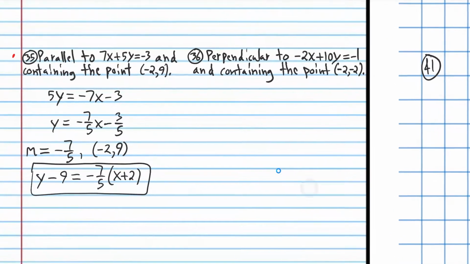All right. So we have to get this standard form equation in slope-intercept form so we can see the slope. Add 2x to both sides. Divide both sides by 10.